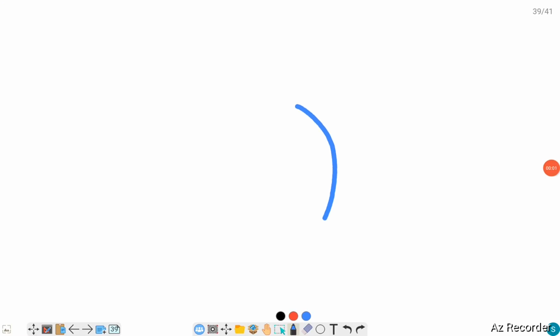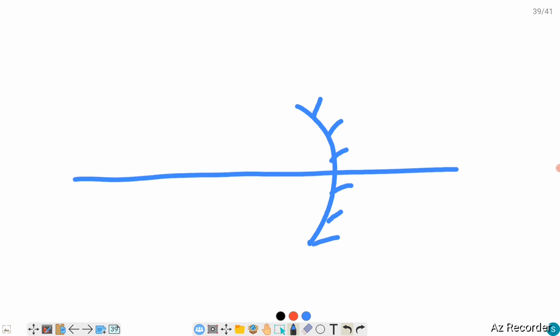So now you understood that when there is a parallel beam of light, you just need to mark the pole, center, and this is what? Principal axis.